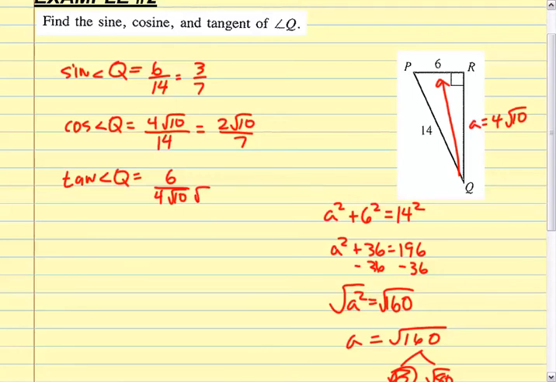So we're going to multiply by root 10 over root 10, and I'm going to get 6 root 10 over 40, right? 4 times 10. And I can reduce the 6 and the 4, turn that into 3 and 2, and I'm going to get 3 root 10 over 20.